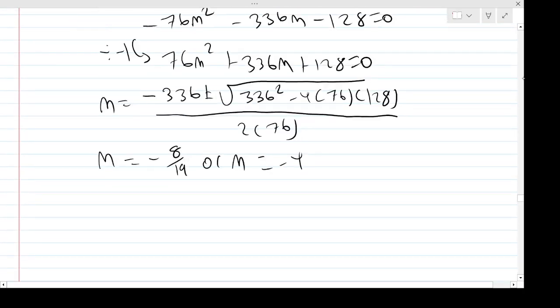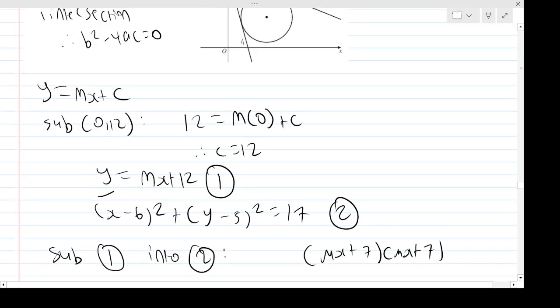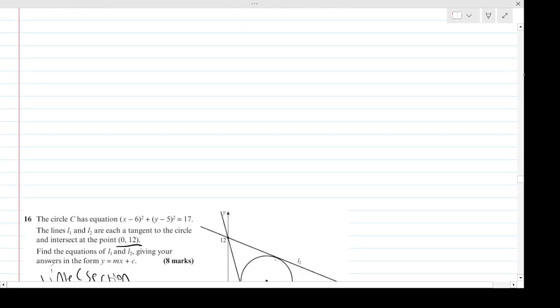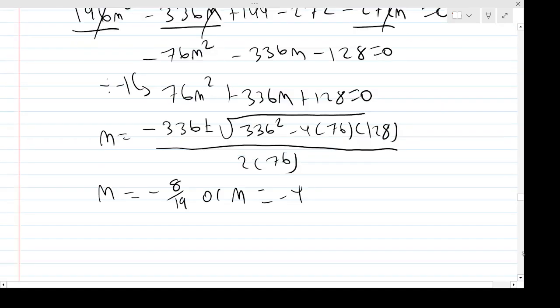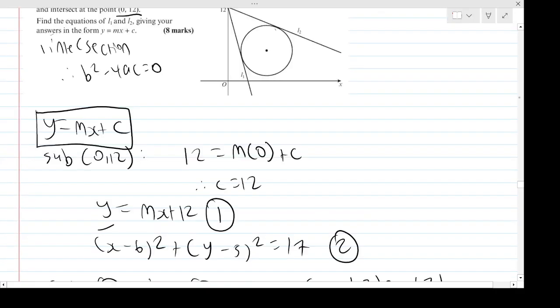Okay, so that's the two values of m, but remember they correspond to the gradient in the equation of the tangent. Obviously there are two tangents, so there'd be two different gradients, and we've got the two gradients: minus 8 over 19 and minus 4. Because we know what c is, it was 12, remember we got this equation of the tangent: y is mx plus 12.